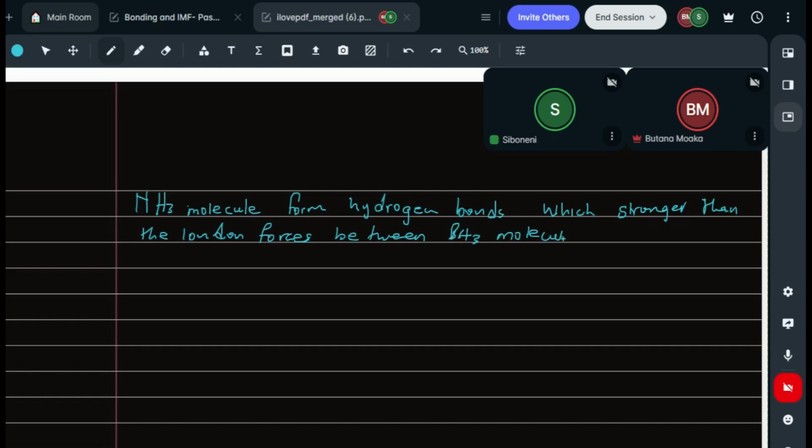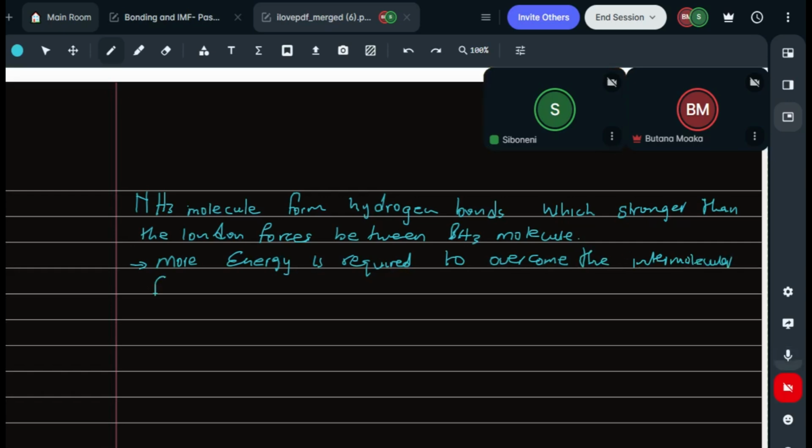Then now you can talk about the energy. This tells you that more energy is required to overcome the intermolecular forces in NH3. You still with me?